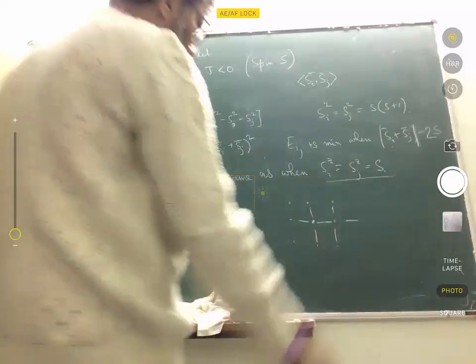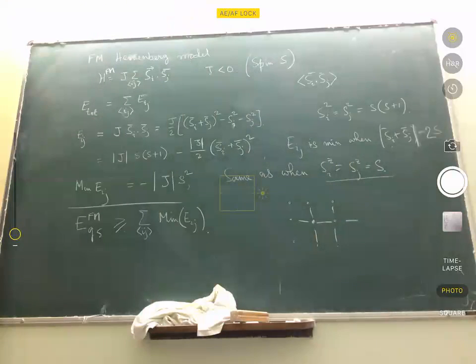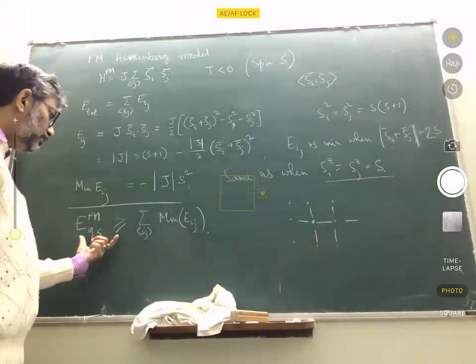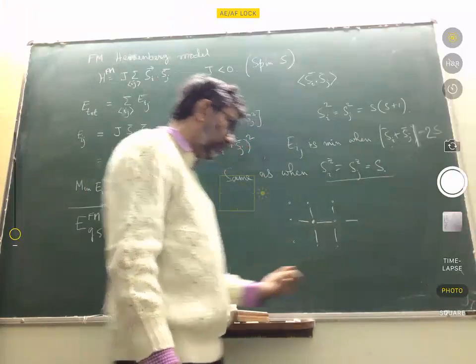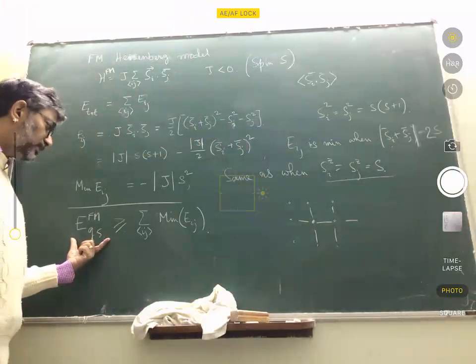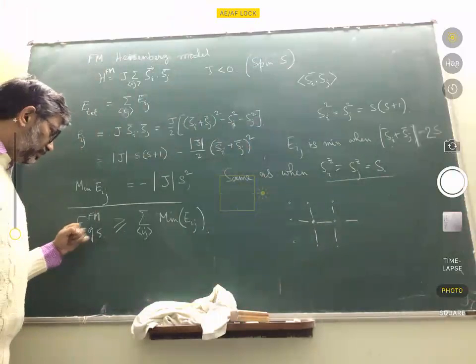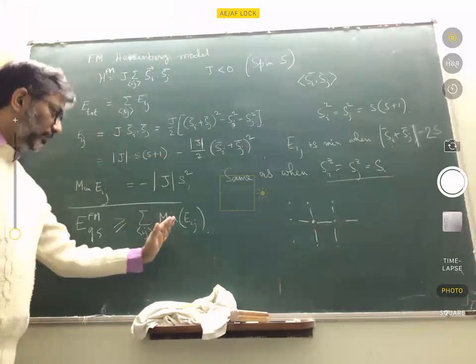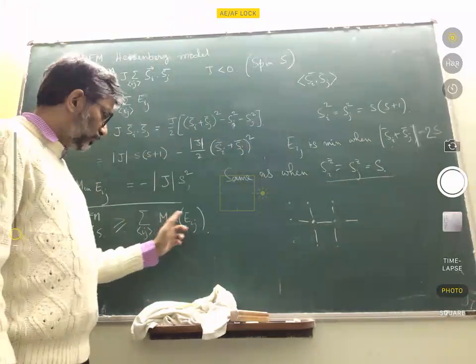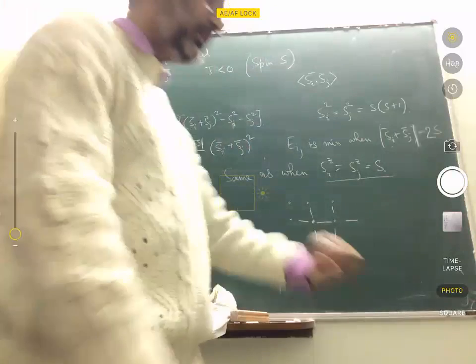So there are many pair interactions. I know how to minimize each one of these pair interactions. So the ground state energy will be equal to or greater than when I have configurations so that each pairwise interaction is minimized.